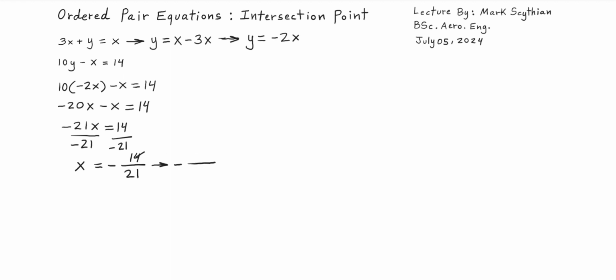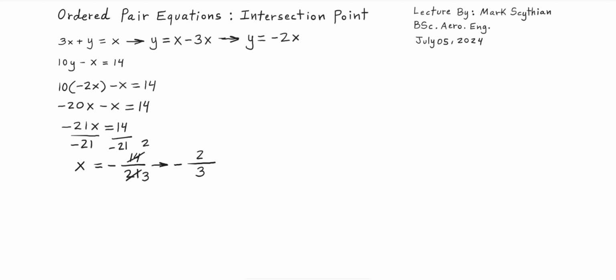So the 14 is a product of 2 and 7, and then 7 divides into 21 3 times, so that is negative 2/3.